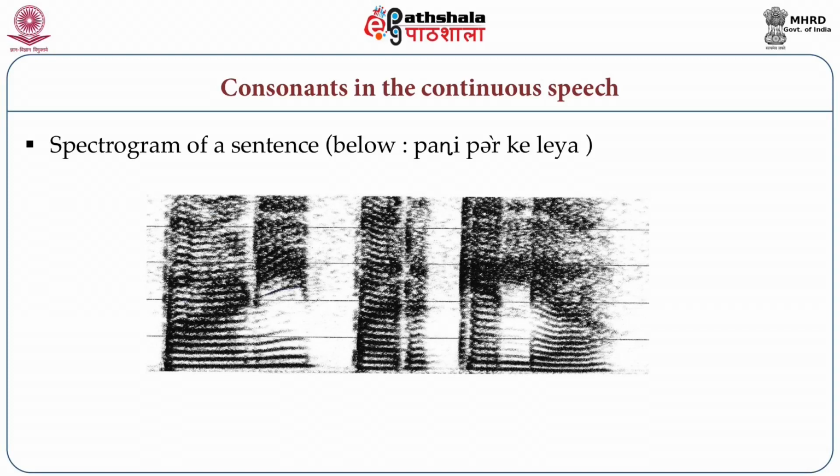So this was the old model where a narrowband spectrogram is given to you. Pani Parkelia is the Punjabi sentence articulated here, and you can see the concentration of acoustic energy in these very clearly marked bright columns which are mostly vowels, and in between you have consonants, particularly stop consonants, which can be seen as huge gaps between these columns of vowels.